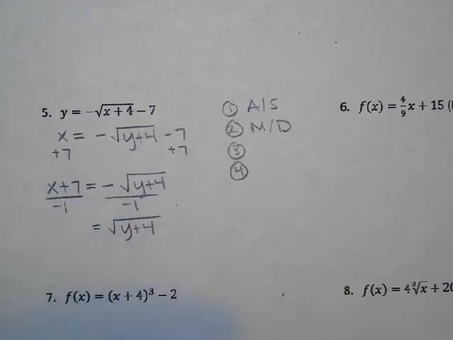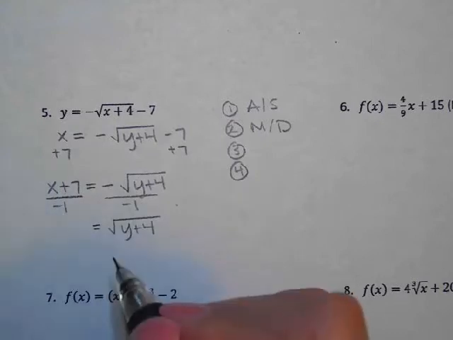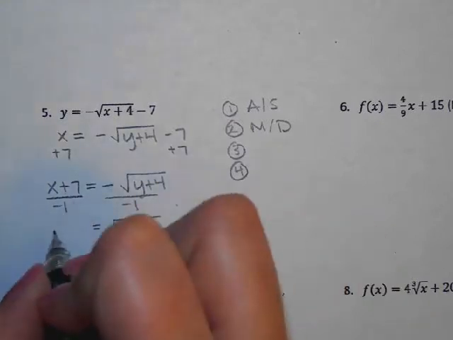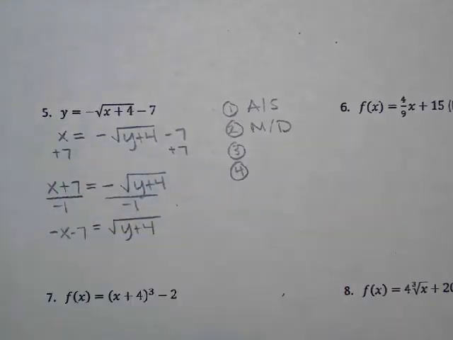Most people would actually divide it by -1. There's a few different ways it could be seen. You could divide it by -1 and write -x minus 7. Some people will do that.